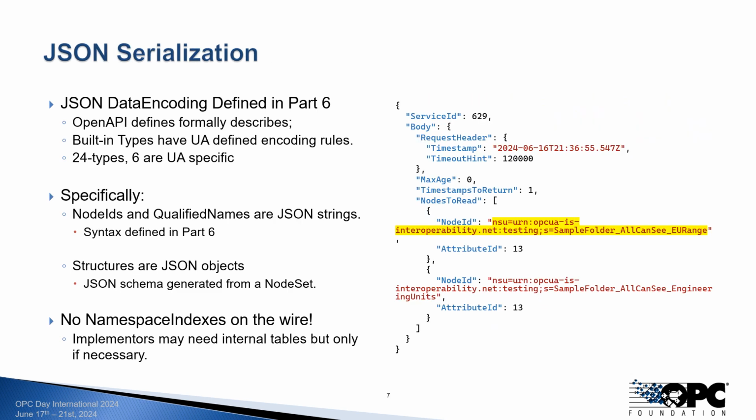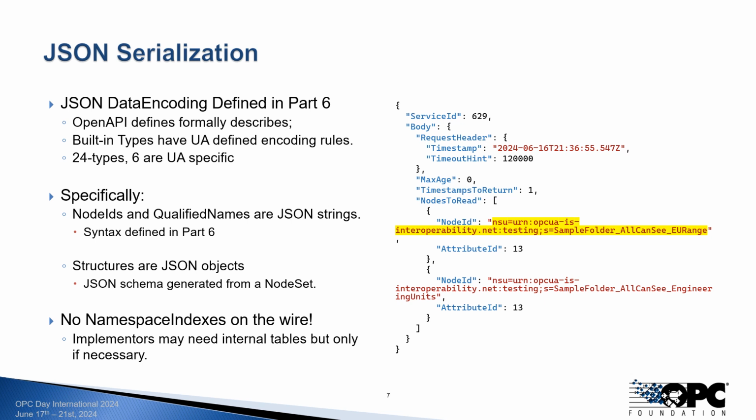So, as mentioned earlier, we've done some simplifications to the JSON data encoding, which is defined in Part 6. It generally follows the same rules that we have for all the other encodings. It has 24 built-in types, with some special encoding rules that you'll need to look up in Part 6 to get the complete understanding of them. However, we formally described everything that's in Part 6 in the OpenAPI schema. So you can start with the OpenAPI schema.